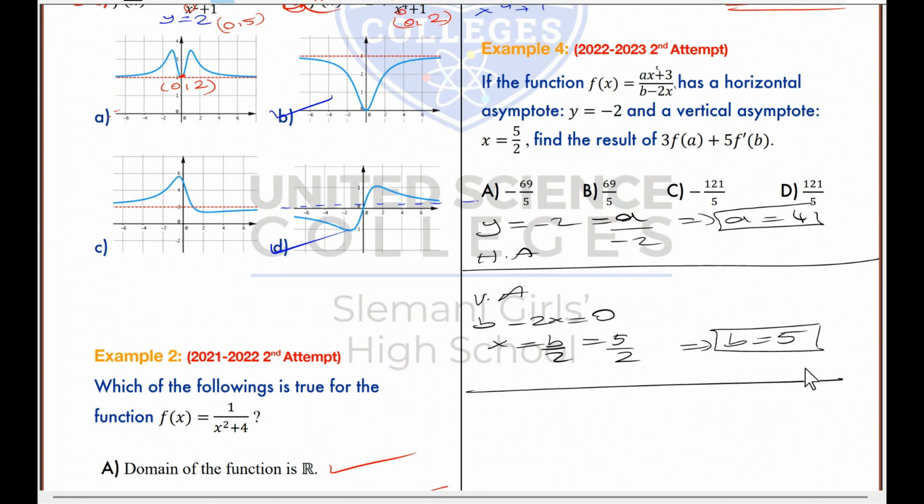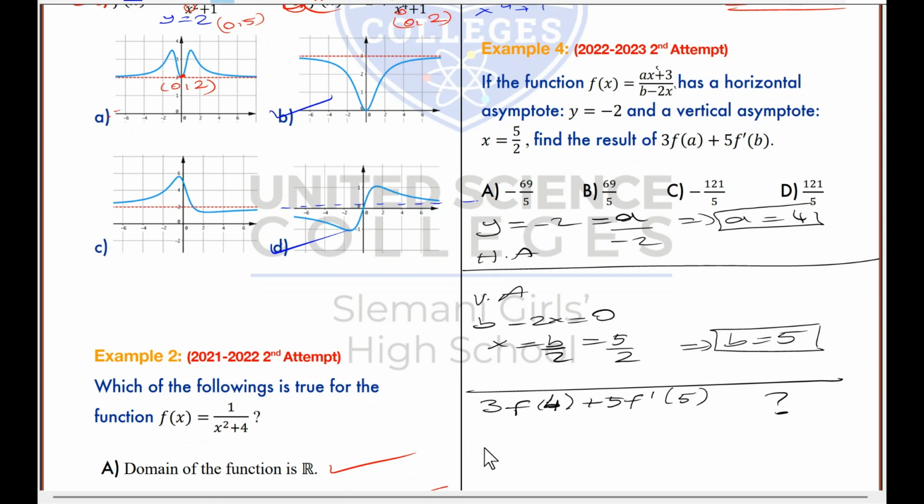So we got a, we got b. Now we can calculate 3 f of a, which is 4, plus 5 f prime of b, which is 5. So let's write the original function first. This is what we are looking for.